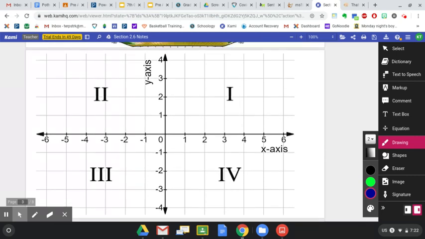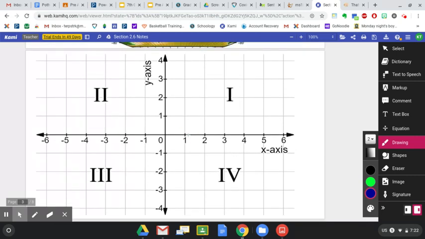But you can see how that's a real world example of using the coordinate system. So our four quadrants, we introduced this back in chapter 1. We didn't really answer any questions on it, but we will be answering that today. If I go into quadrant 1, I would have a positive x value and a positive y value. Starting at the origin, to get into quadrant 2, I would have to go left, which is a negative x value, and up, which is a positive y value.